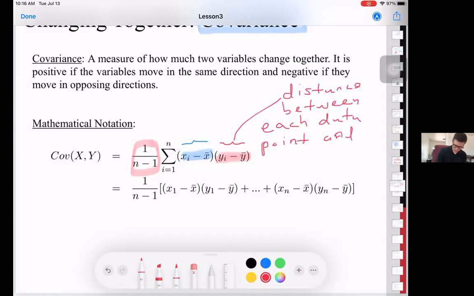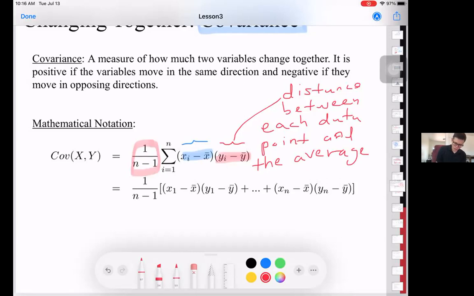Sorry, this stylus is not very good. And my mother-in-law is sending my stylus back, so hopefully I'll have it in a couple of days. Okay, so we're going to multiply those together, add them up, and then divide by n minus 1.